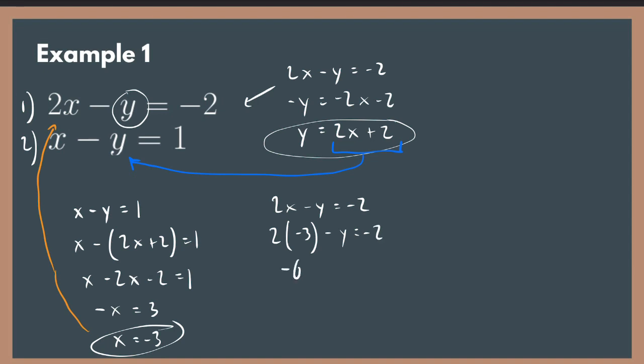This will be -6 minus y equals -2. So y equals -4. Now that we know our x and y, we can determine the solution to our system of equations, which is x equals -3 and y equals -4.